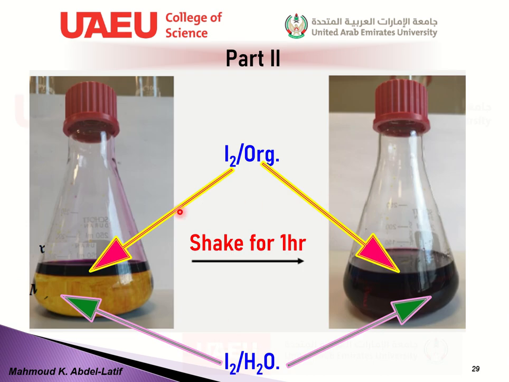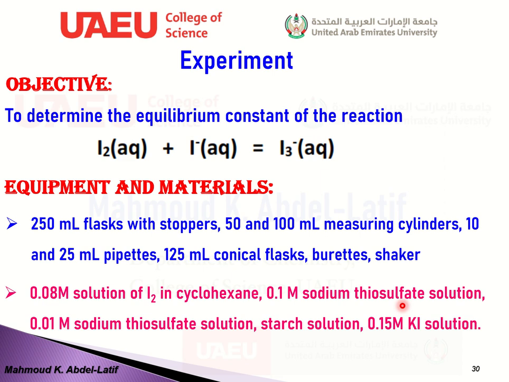In the second part, you have iodine and the potassium iodide. See, potassium iodide, which is yellow color. Just check for 1 hour. You will see the iodine will distribute between both. So our objective is just to determine the equilibrium constant of that reaction.